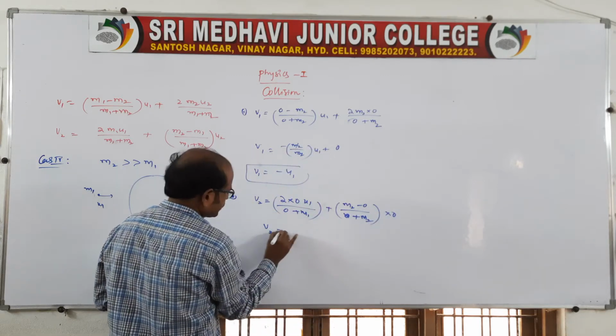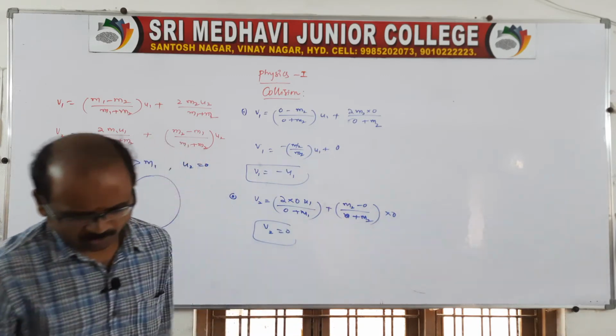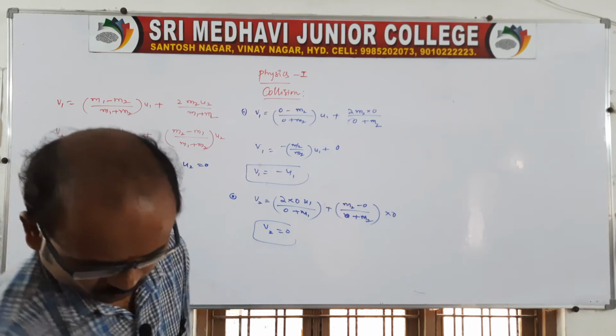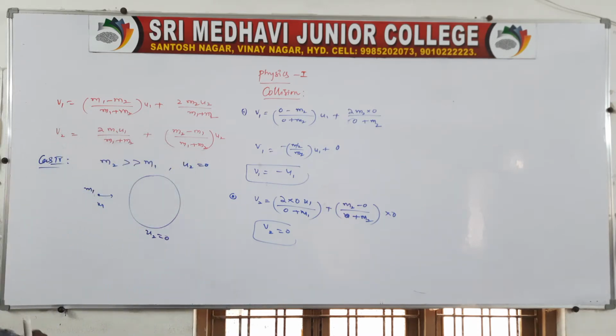Something by 0 and 0 by something give 0 only, so v2 is equal to 0. So this is case number 4.